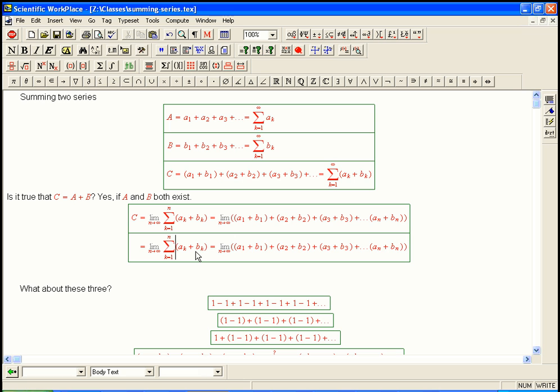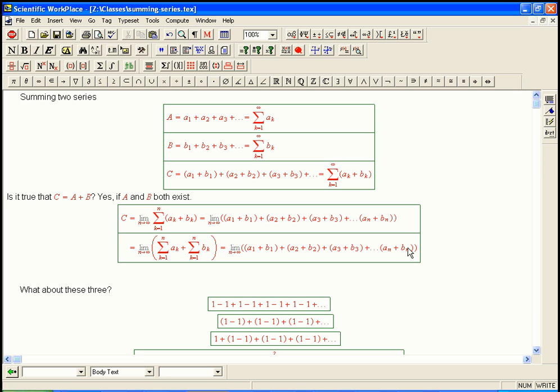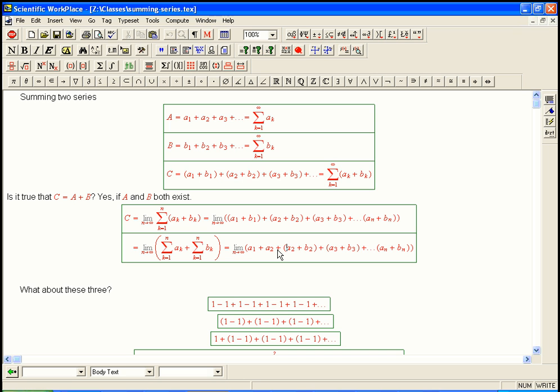This is just going to be the limit of those two sums separated out. In other words, at this level, I can reorder everything.